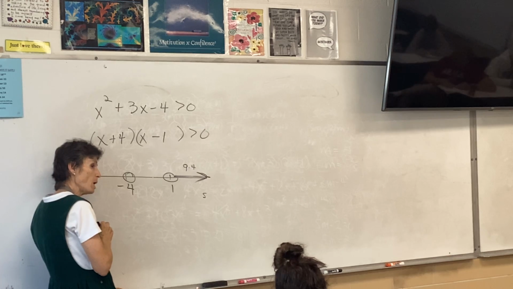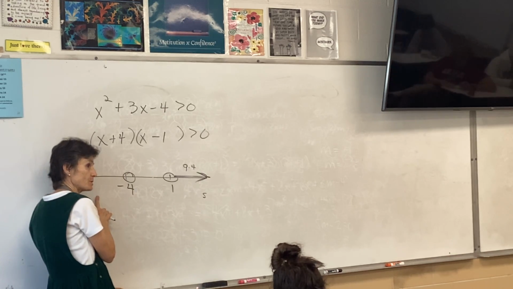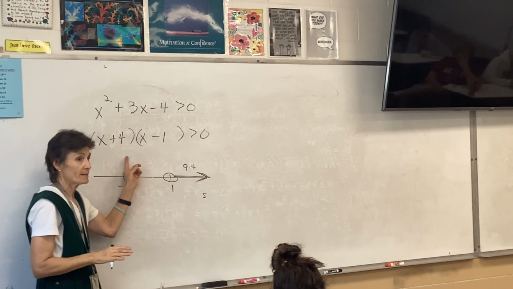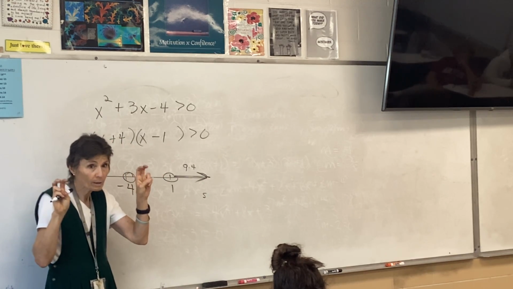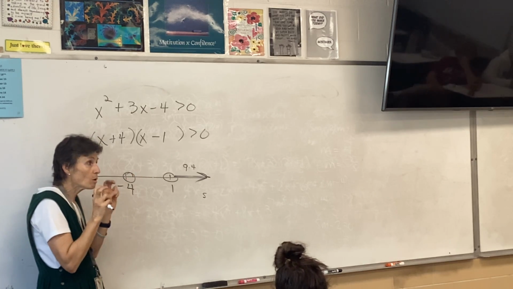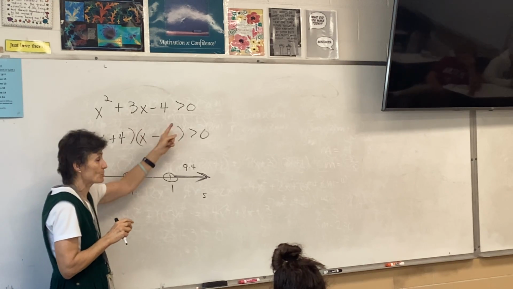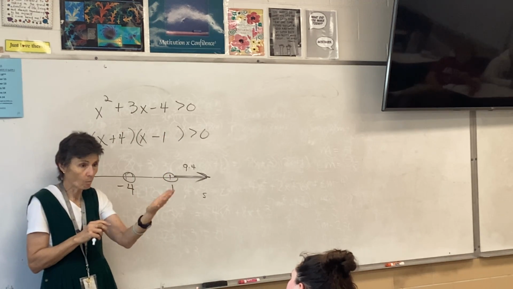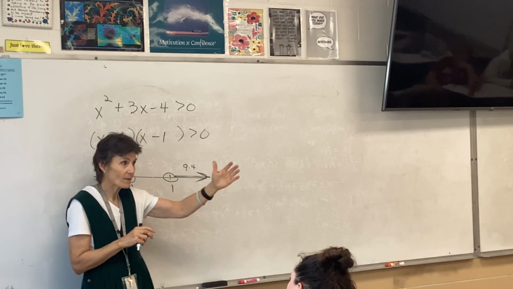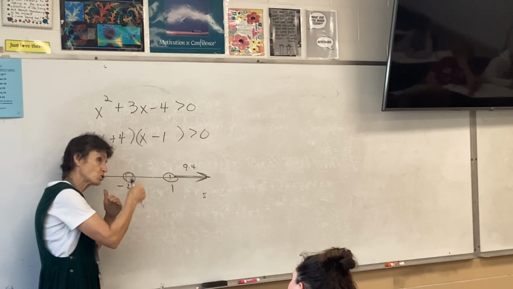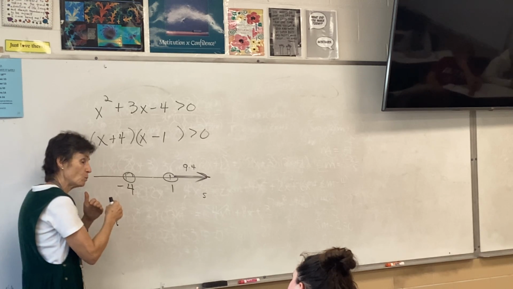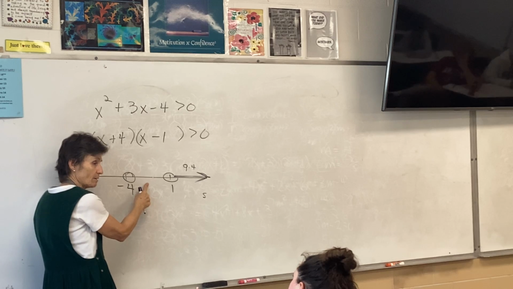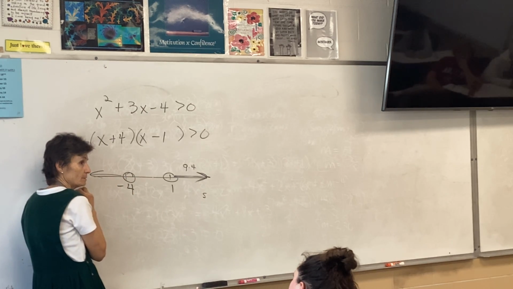Now, if you want to try other numbers, you always can. But this problem is what we call a normal problem. And in a normal problem, when there aren't any powers on these, when it's just a factor times a factor, the shading always alternates. Remember that? So you can shortcut this problem if you wish. Since I shaded there, I won't shade here, but I will shade here.